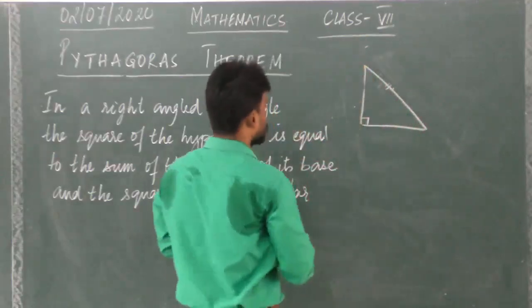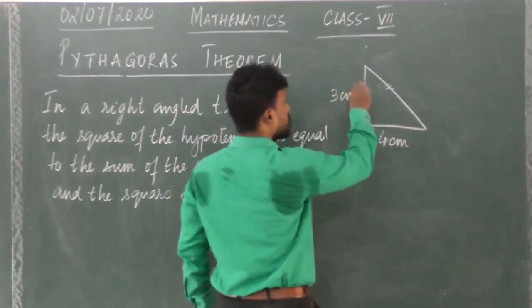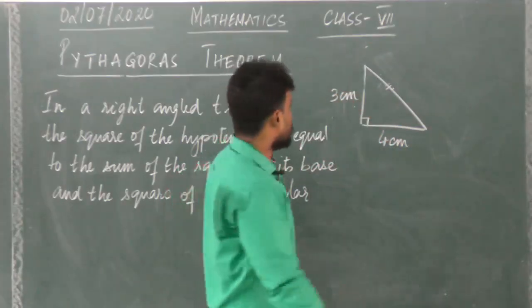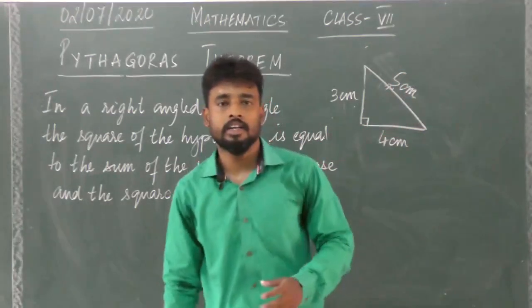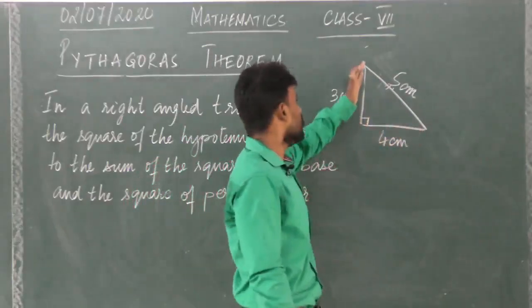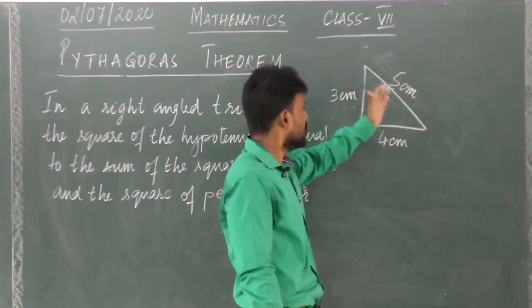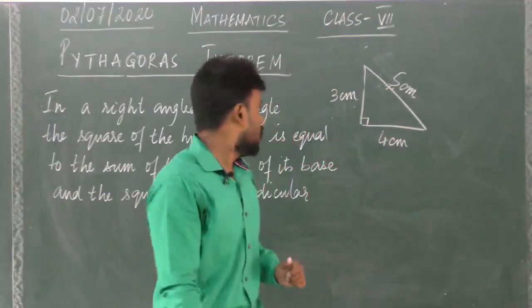Let us take this as 4 centimeter and this as 3 centimeter. Naturally this will be 5 centimeter. You can draw a right angle triangle, take the base as 4 centimeter, draw a 90 degree and take this as 3 centimeter, and this line will measure 5 centimeter. You can check on that.